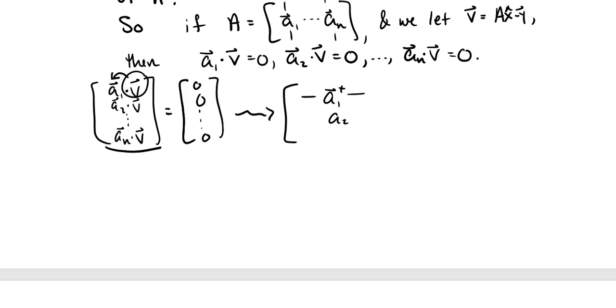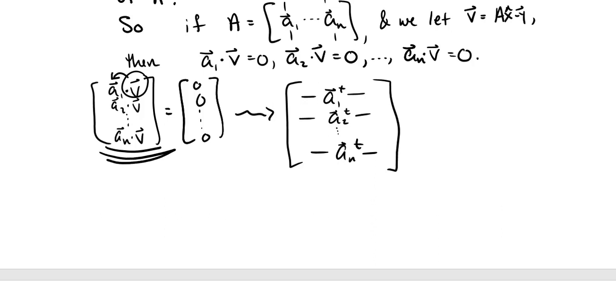And A2 transpose will be the second row vector. And a little more space, all the way down to An transpose being the last row of this matrix I'm creating. And so this column of dot products is the same as taking this matrix whose rows are A1 transpose, A2 transpose, which is the transpose of A's columns, and multiplying that by vector V.